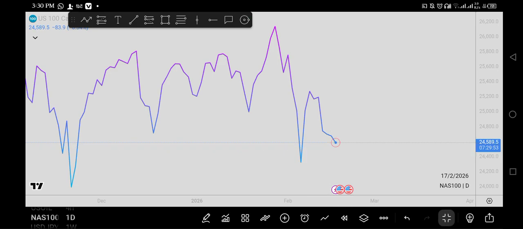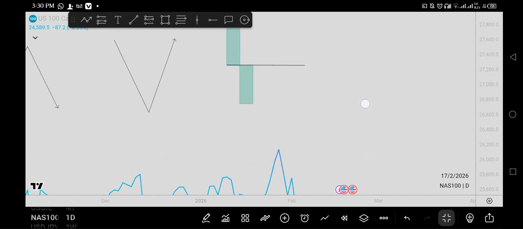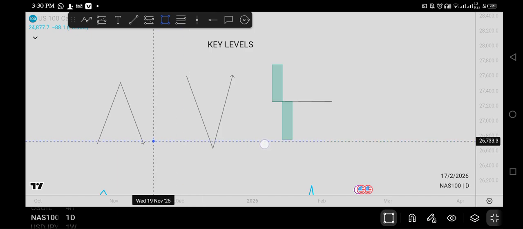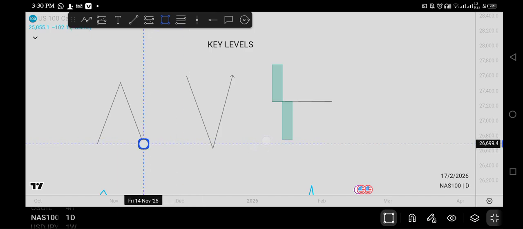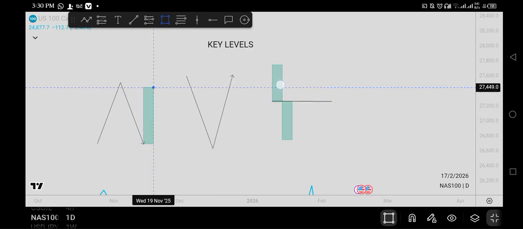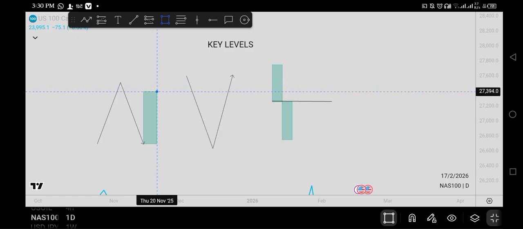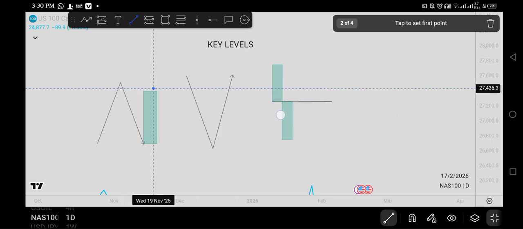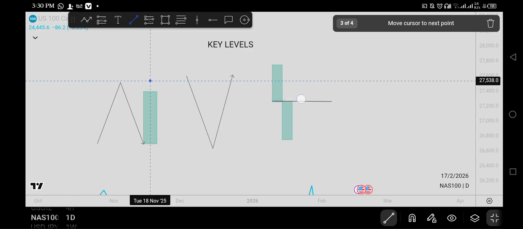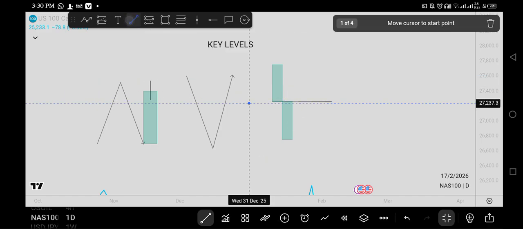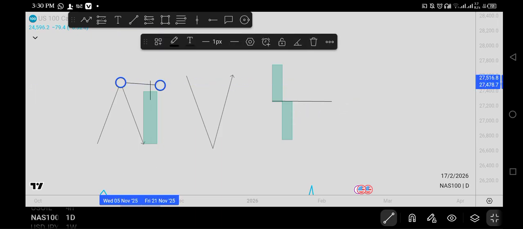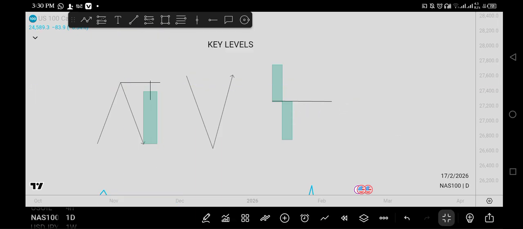One thing you need to understand is what you want to actually see: market will come to this point, react from here and close below it. You want to see market react off of zones like this.